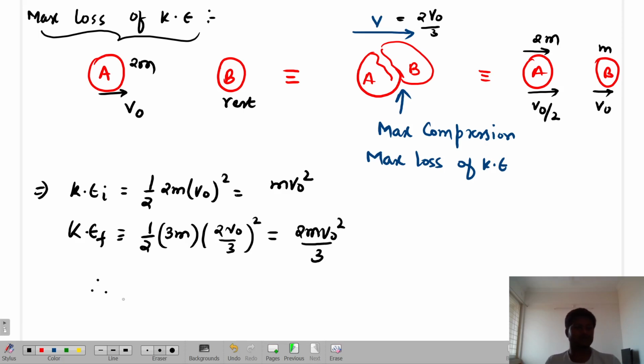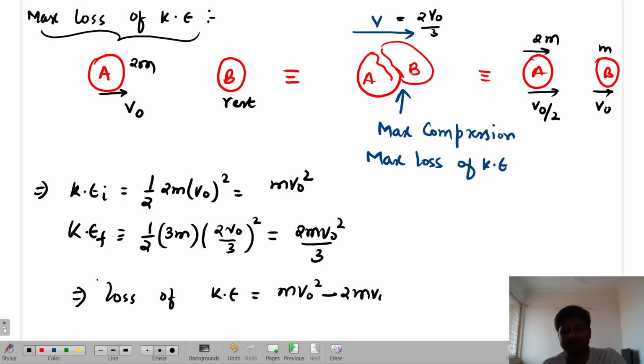So the loss of kinetic energy is mv naught square minus twice mv naught square by 3, because final is actually less. So that's mv naught square by 3. Are you able to get me or not? So that's my loss in kinetic energy.